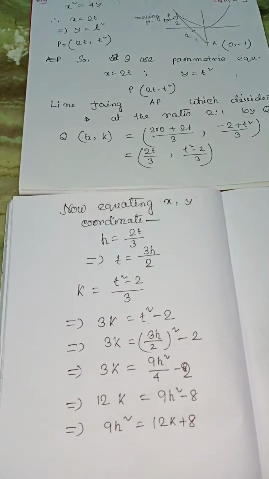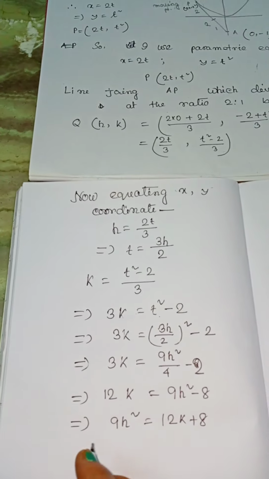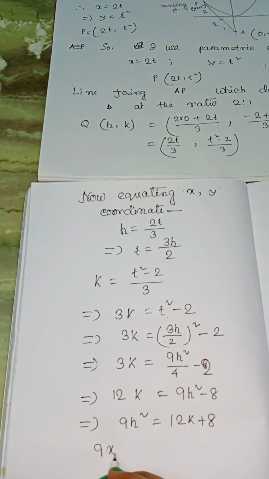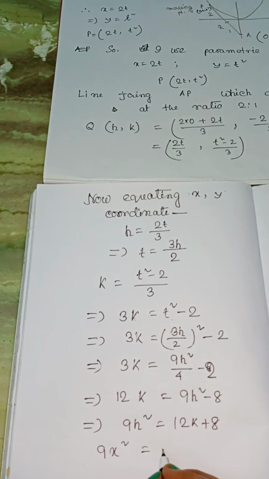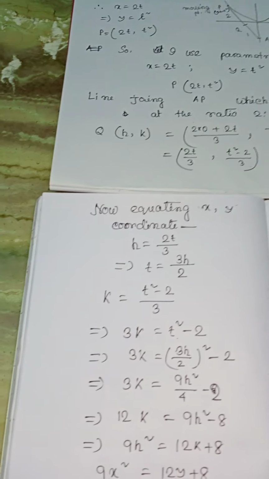So now replacing the coordinates h, k with x, y, we get 9x square is equal to 12y plus 8.